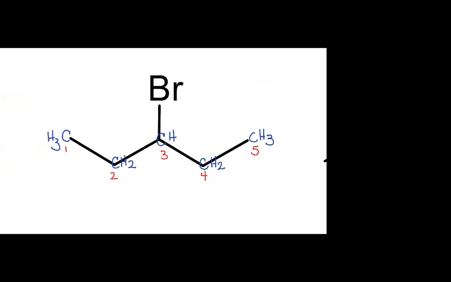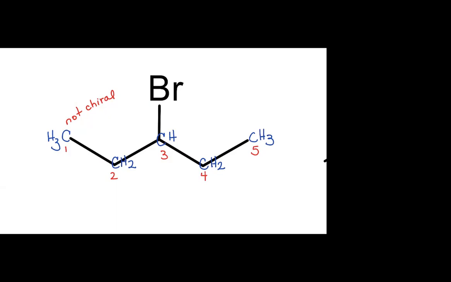Carbon number 1 has 3 things that are the same. So that means carbon number 1 is not chiral because it's attached to 3 hydrogens. Carbon number 2 is attached to 2 things that are the same. Remember, I need 4 that are different.